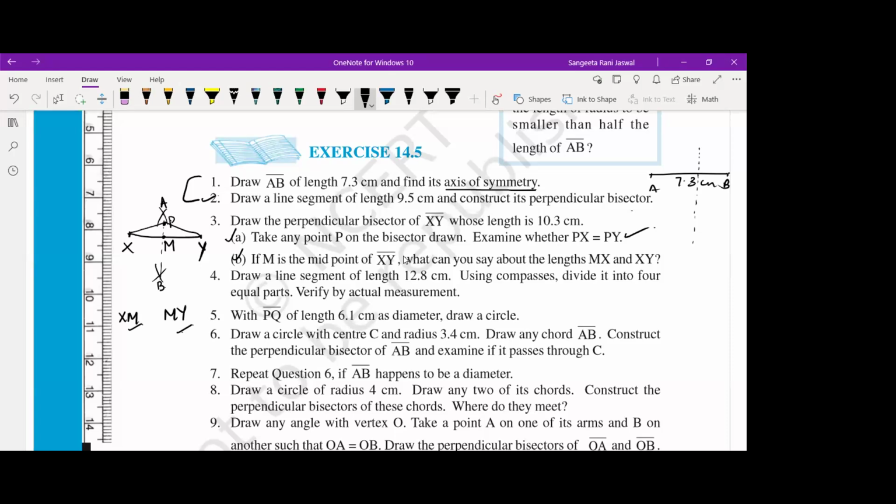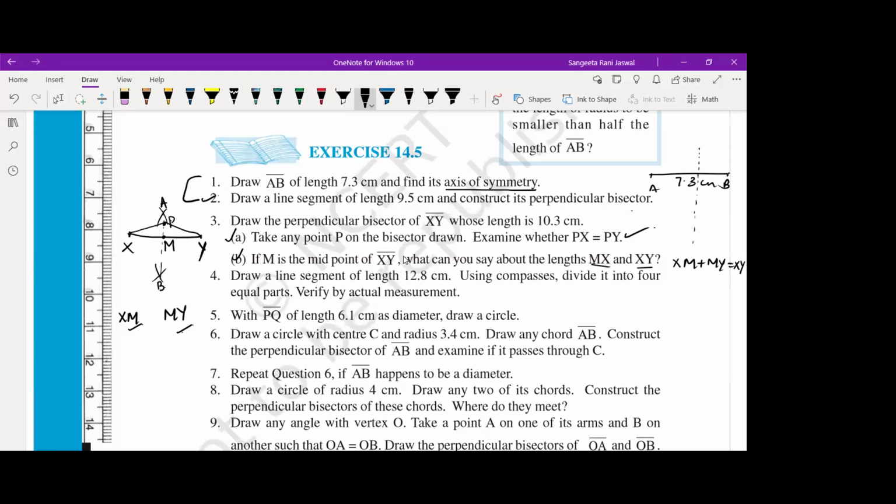Okay, so now it's saying, what can you say about MX and XY? Now look here, Trilokya, you are saying MX and MY. So what can we say about that? That twice of MX is equal to XY? Yes, we can say like this, XM plus MY is equal to XY.